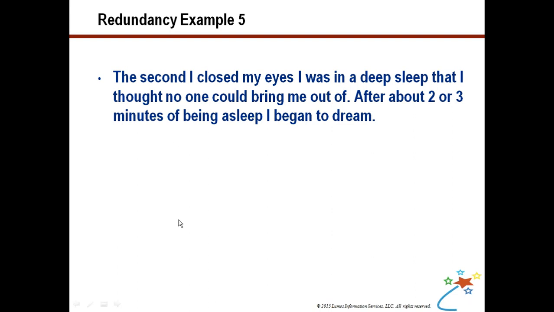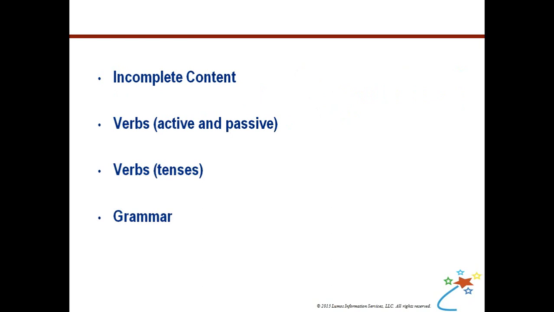Okay. Let's move on into incomplete content, verbs in the active and passive, verbs in their tenses, and grammar. When I mention incomplete content, this is my definition of it as we go through these examples, so you keep this in mind.